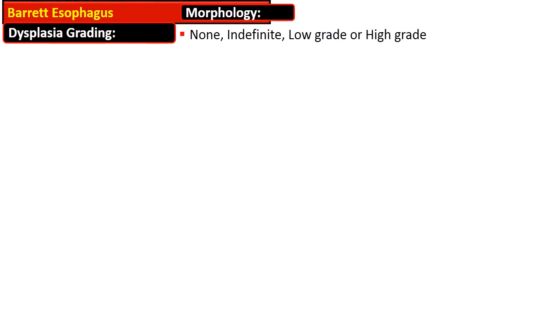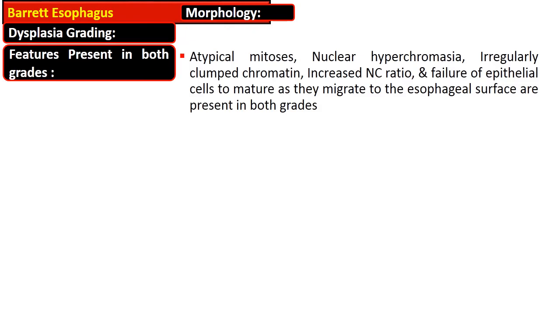Barrett's esophagus dysplasia can be graded as none, indefinite, low grade or high grade. The features present in both low grade and high grade are atypical mitosis, nuclear hyperchromasia, irregularly clumped chromatin, increased nuclear cytoplasmic ratio, and failure of the epithelial cells to mature as they migrate to the upper layers of the epithelium.